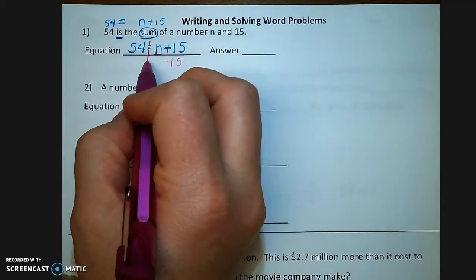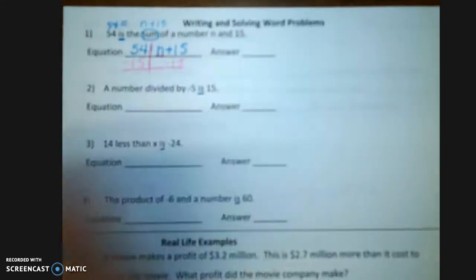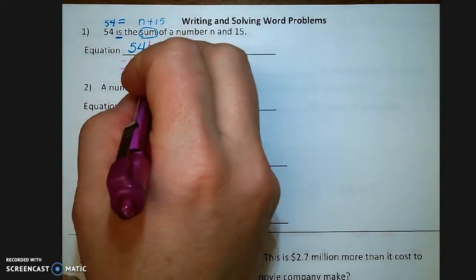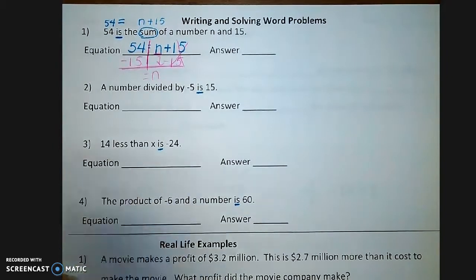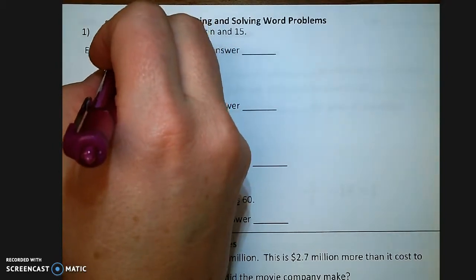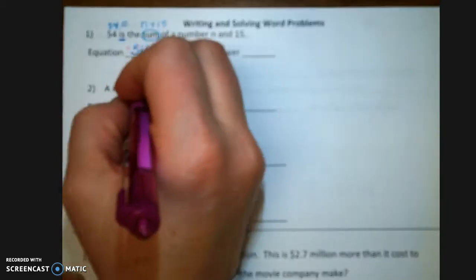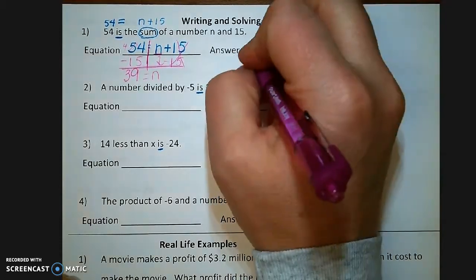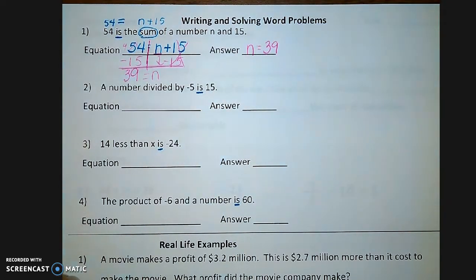Whatever I do to one side, I have to do to the other side to keep my boat balanced. 15 minus 15, those cancel out, and then my n is the only thing left. So 54 minus 15, I have to borrow to do that, and I'm going to get 39 for my answer. So n equals 39.